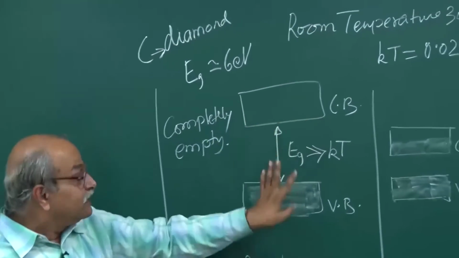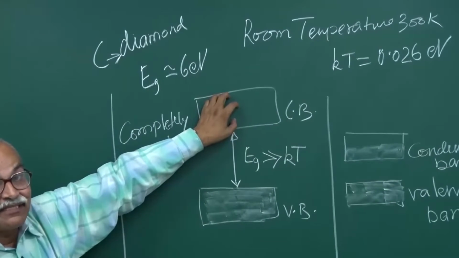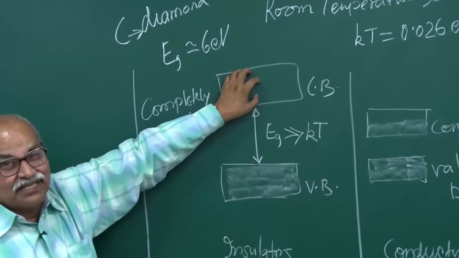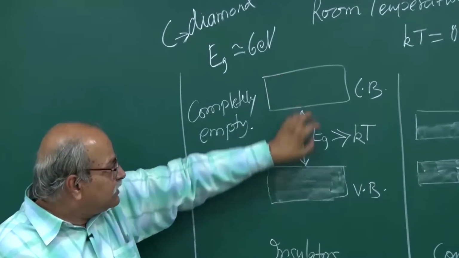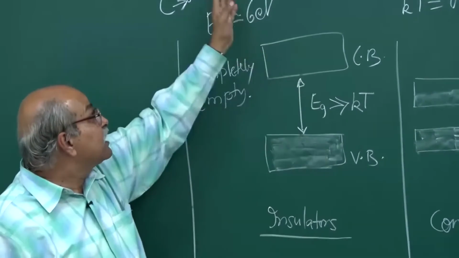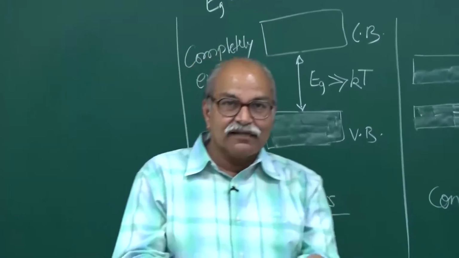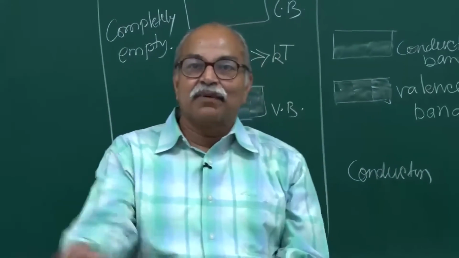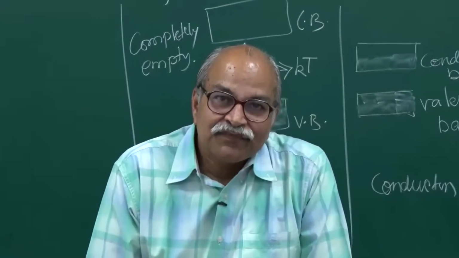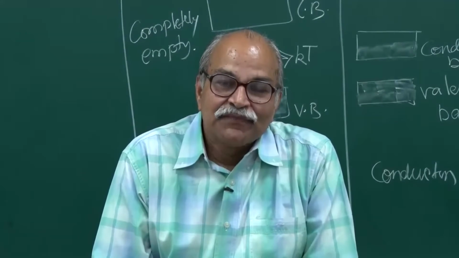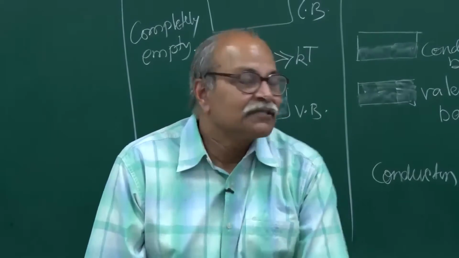Even at 300 K they will stay here, and this will remain completely empty, or if there are some states populated, not at all significant. So then if you take a diamond, and connect it to a battery and apply some voltage and create some electric field, and that electric field tries to give some energy to the electrons.